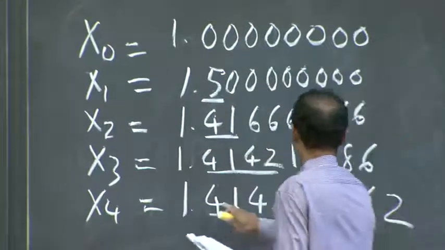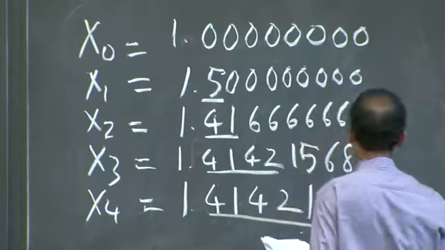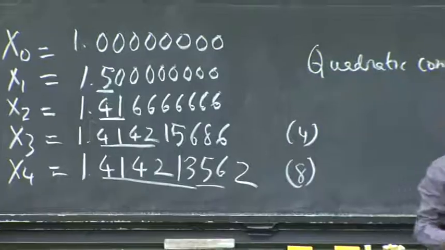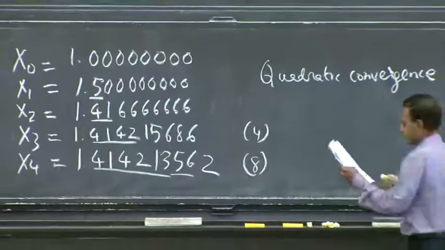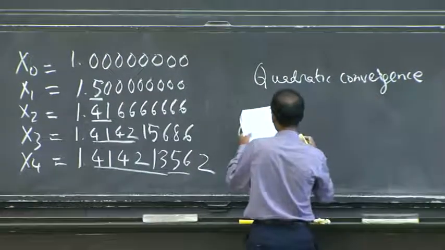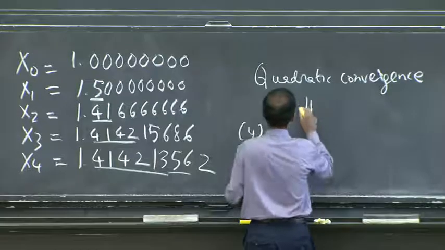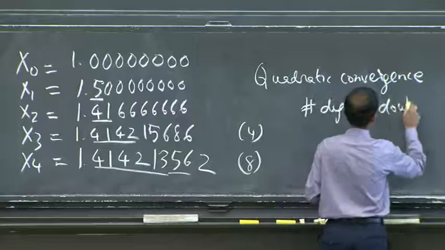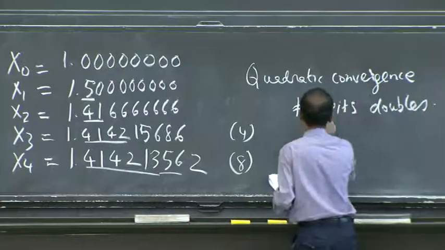So that's 1, 2, 3, 4, 5, 6, 7, 8. That's 8 digits of precision here, 4 here, and so on and so forth. That's nice. That's why Newton's method is actually used in practice, because the number of digits of precision doubles.